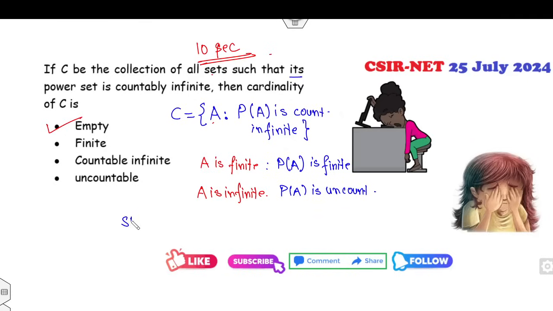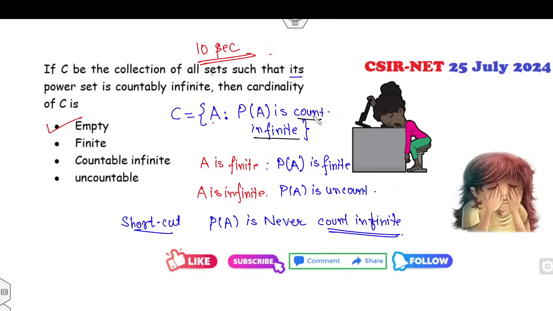But always remember, students, the power set of any set is never countably infinite. But they are talking about the countably infinite, which is not possible. So that means A must be the empty set, which is the right answer.